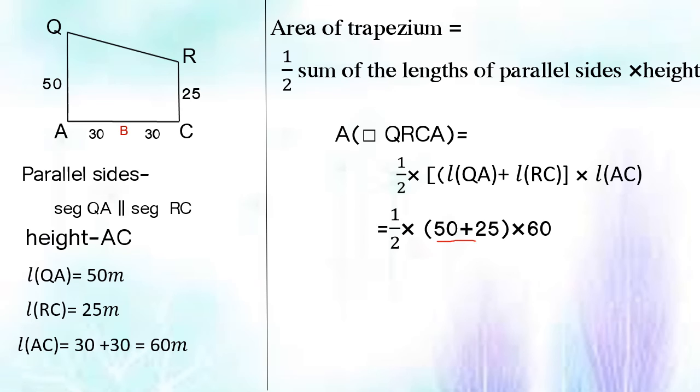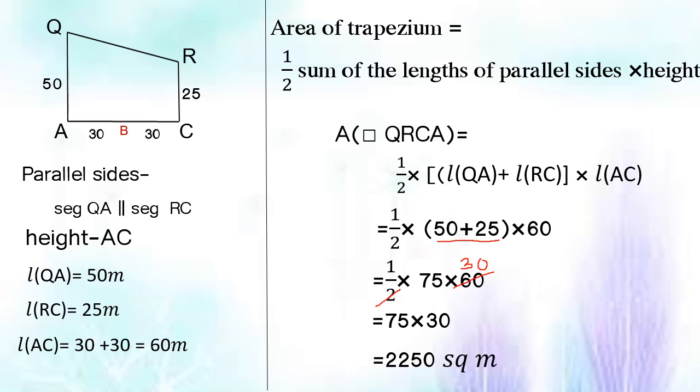First calculate this bracket. So half into 75 into 60. 2 ones are 2, again 2 threes are 6, 30. So it is equal to 75 into 30, which will be equal to 2250 square meter.